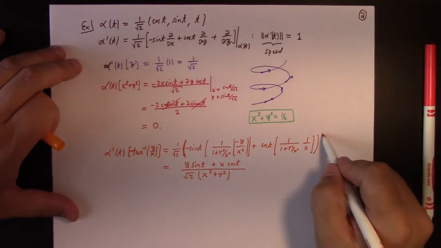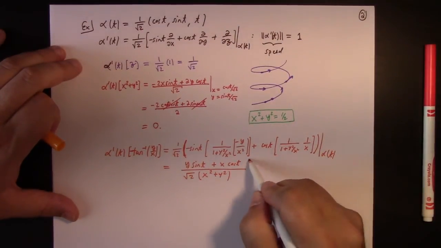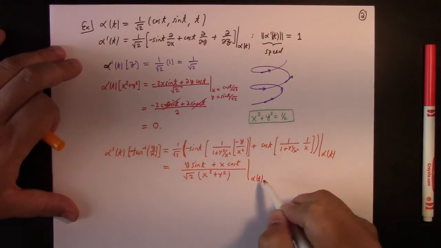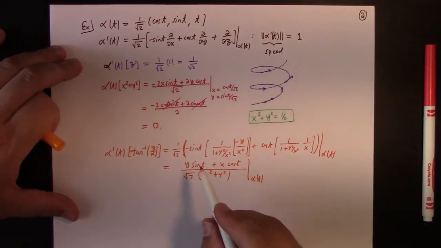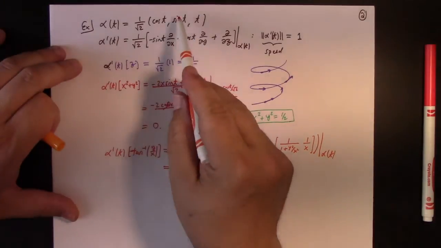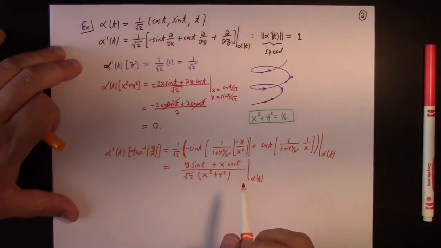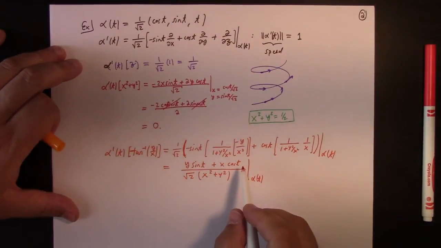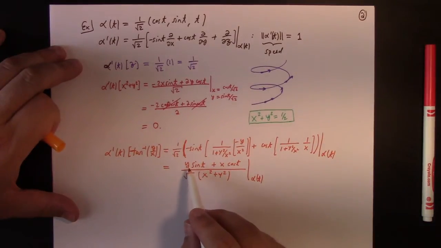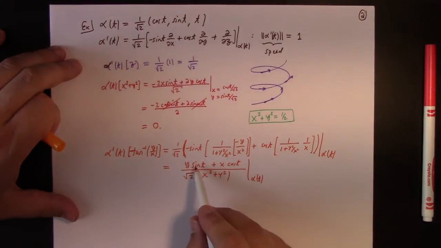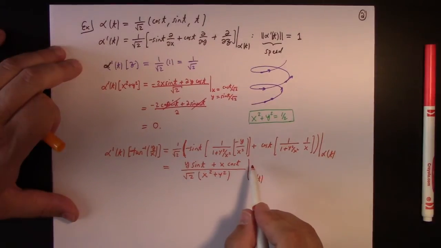Now that should all be evaluated at alpha of t. Evaluating at alpha of t means I set x and y equal to what they are on the curve. So x is cosine t over root 2, and y is sine t over root 2, so this gives me sine squared plus cosine squared divided by root 2.